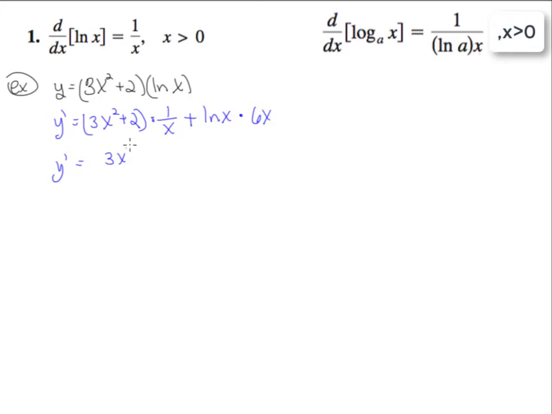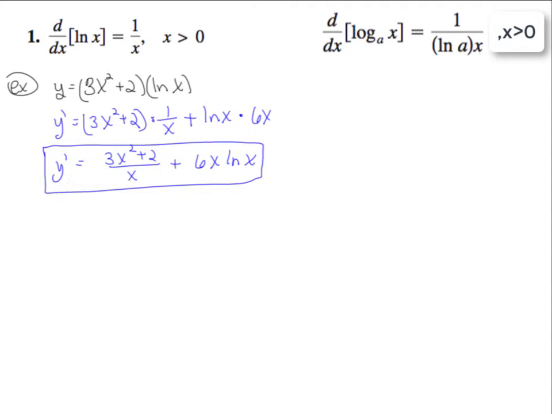Combining like terms and simplifying, I get 3x squared plus 2 divided by x plus 6x times the natural log of x. Usually with logarithms, we write them after our polynomial term.